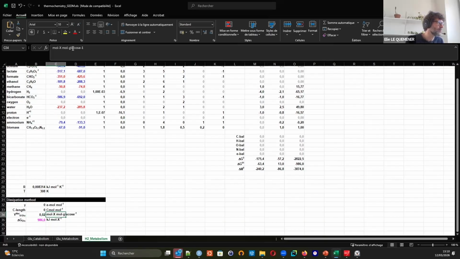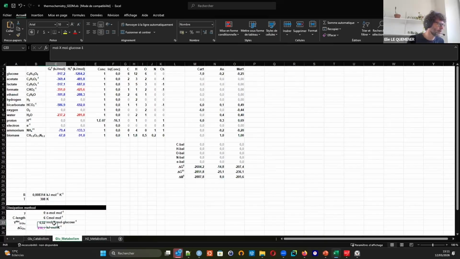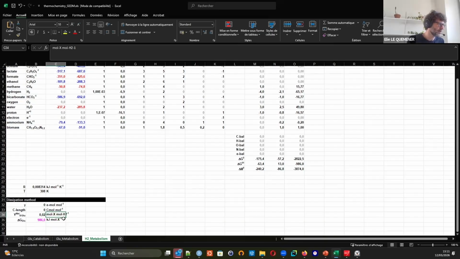It's not from glucose, it's mol of H2: 0.02 mol X per mol of H2. And you see, it's very different from glucose. For glucose, you have 4 mole of biomass per mole of glucose, and here you have 0.02 mole of biomass per mole of H2.